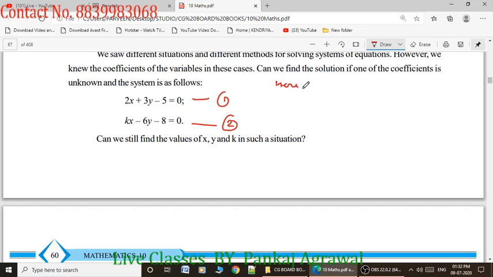So you can write here a1 equal to 2, b1 equal to 3 and c1 equal to suppose minus 5. Similarly you will write a2 equal to k, b2 equal to minus 6 and c2 equal to given minus 8.